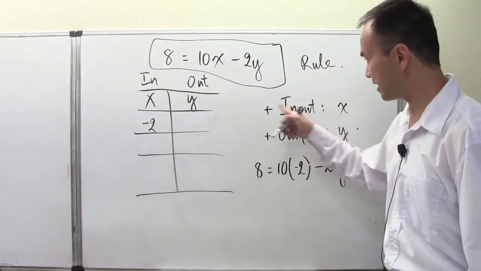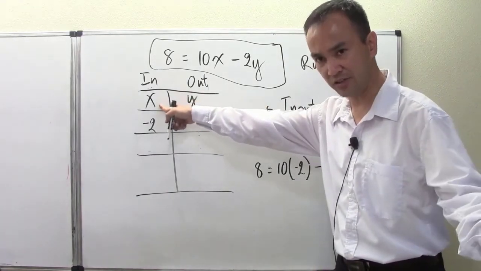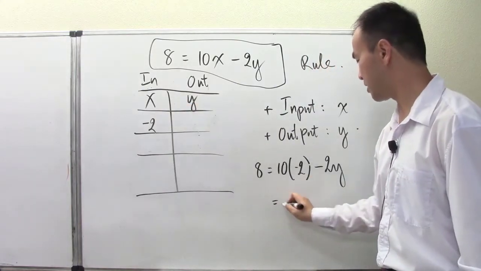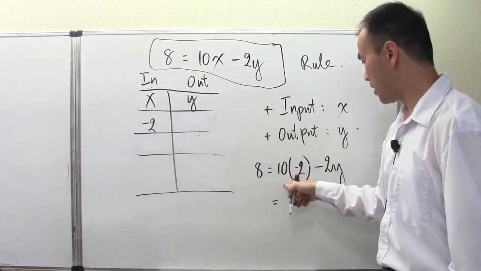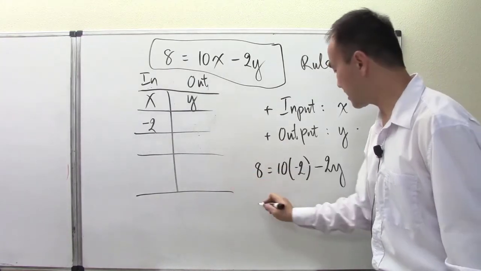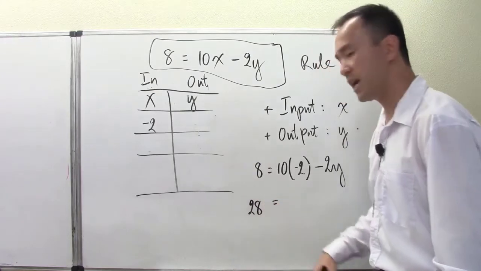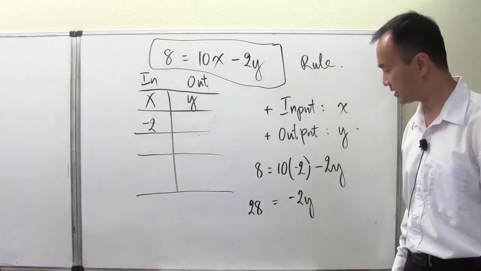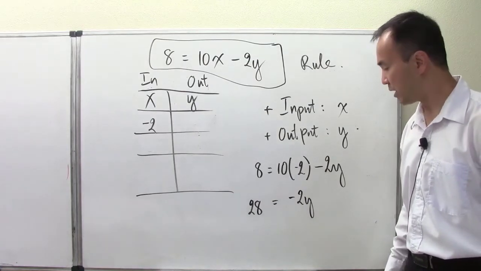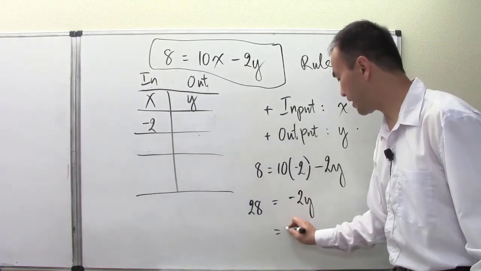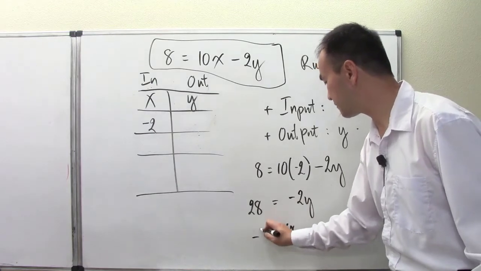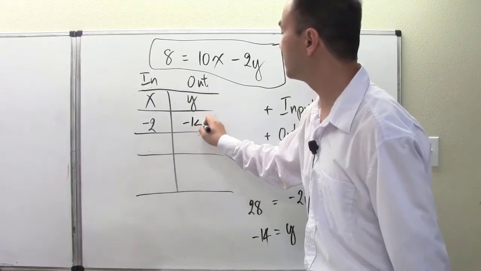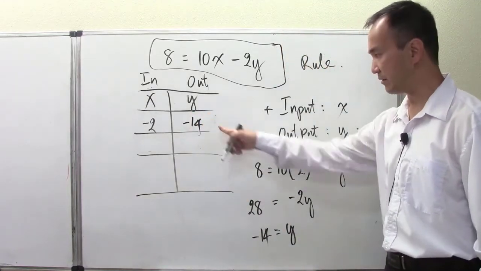And if we decided that we want x to be the inputs, how are we going to come out with the y outputs here? So that gives me -20, and then I'm going to add that 20 to the other side, so I'm looking at positive 28 equals minus 2y. Positive 28 equals minus 2y, and so I'm dividing both sides by -2. I'm ending up with y equals -14. So -14, that's the y. This is now the output, that's the input.